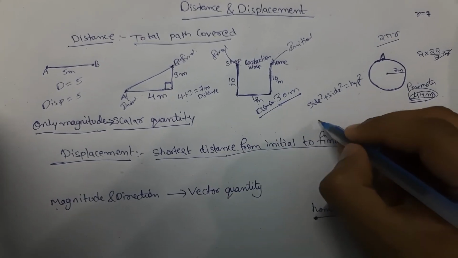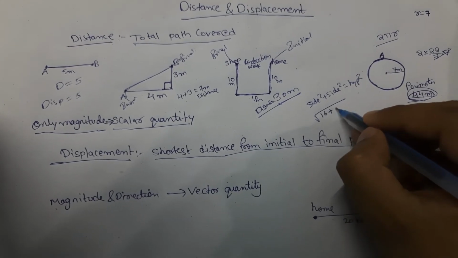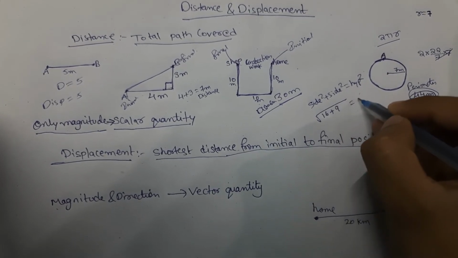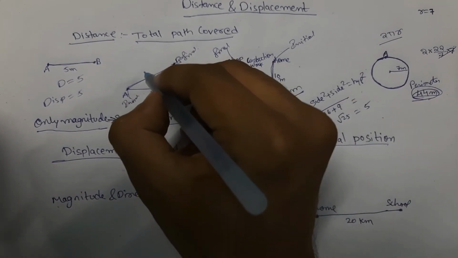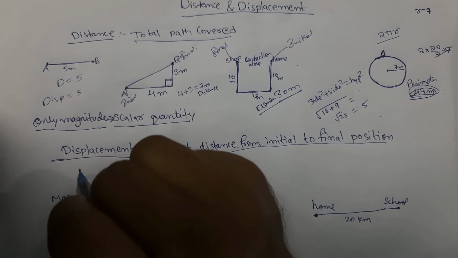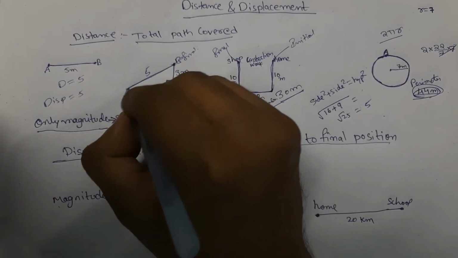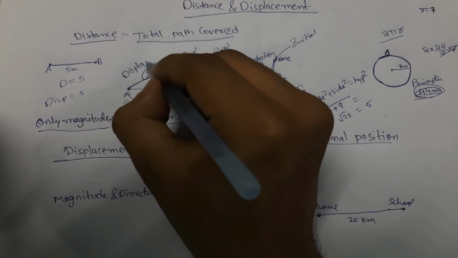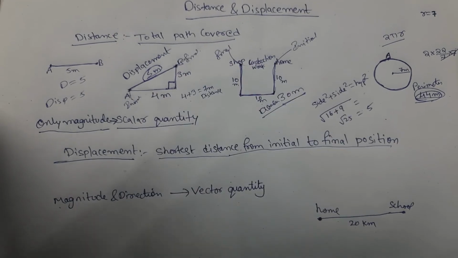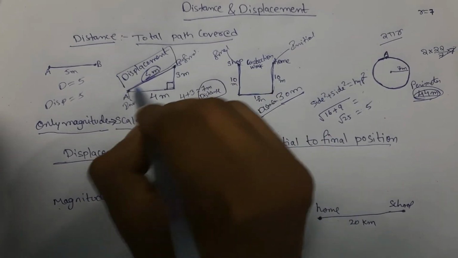So if you bring this square to this side, root of side square 16 plus another side square 9, that is equal to root of 25, that is equal to 5. So here the shortest distance between these 2 points is 5 meters, that is displacement. Distance is 7 meters, displacement is 5 meters here.